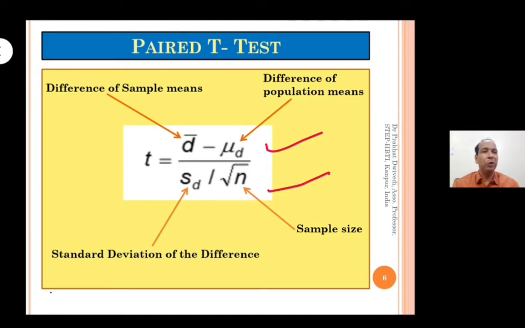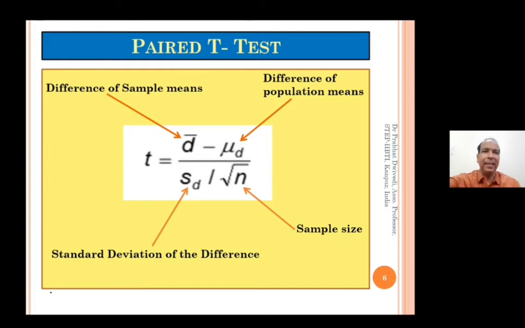That means mu d has to be 0 under H naught. In the denominator, sd is the standard deviation of the difference, whereas n is the sample size. So that is what the test statistic is.